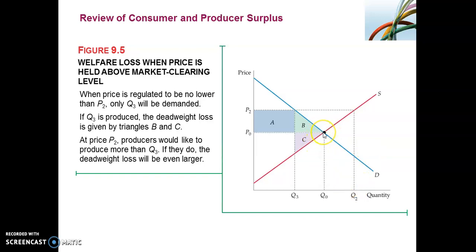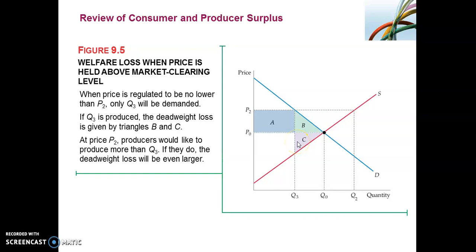However, the consumer would, as a result of this higher price, only demand Q3. So quantity has fallen from Q0 to Q3 in terms of the consumer's quantity demanded at this price P2. So if producers do produce Q3, that will be the output.